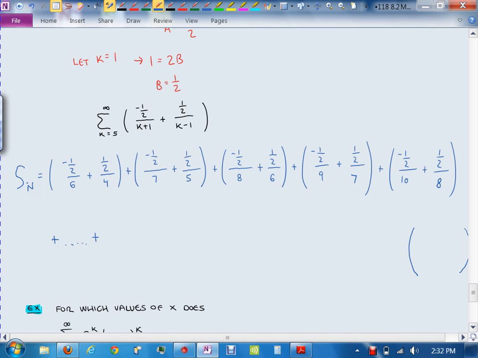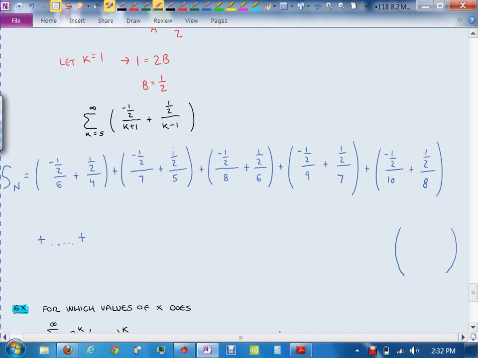I want to take the nth partial sum. So S sub n is this. So what would the last one be? If you plug in n for k, negative 1/2 over n plus 1 plus 1/2 over n minus 1, right? That would be that last one?